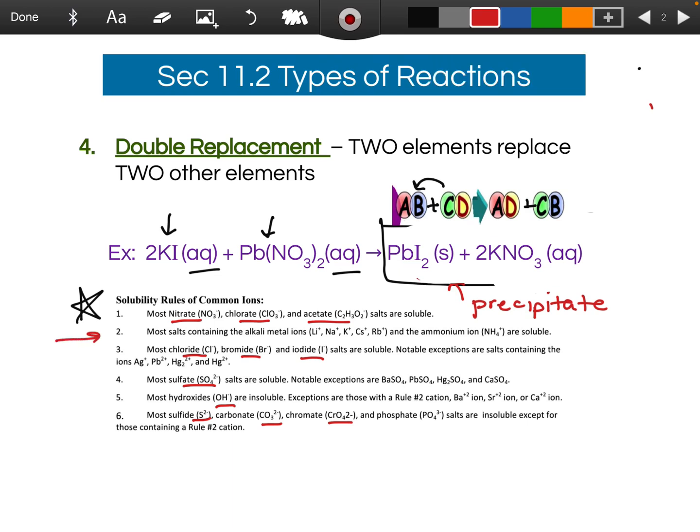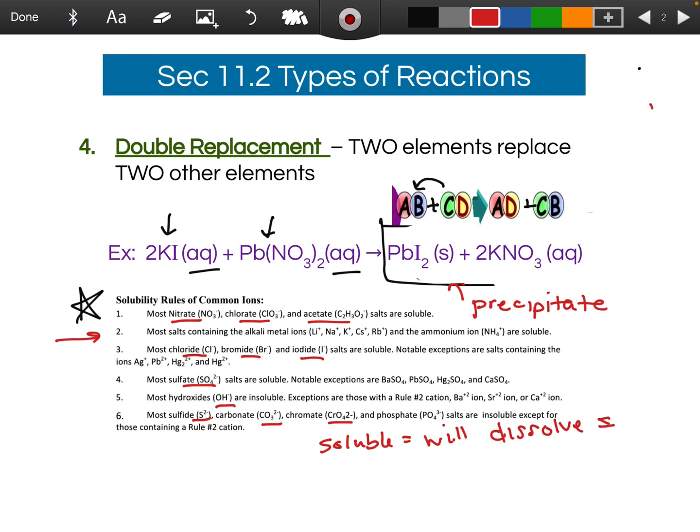So rule number 2 is saying most salts containing the alkali metals. Alkali metals are in group 1 of the periodic table: lithium, sodium, potassium, cesium, rubidium, and ammonium. Those are all soluble. So soluble means that the substance will dissolve.